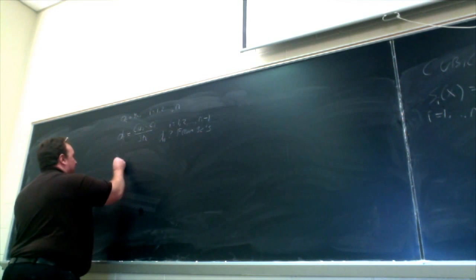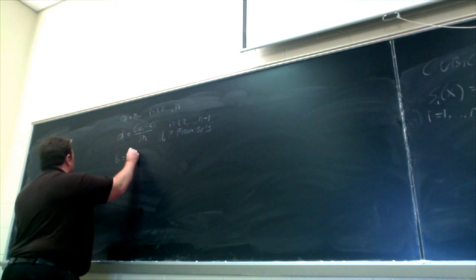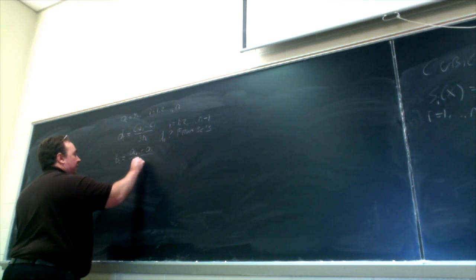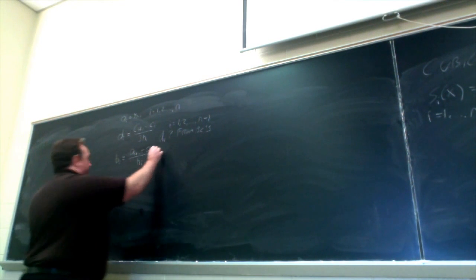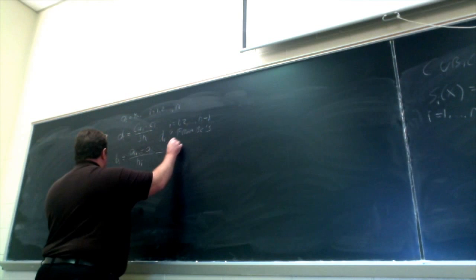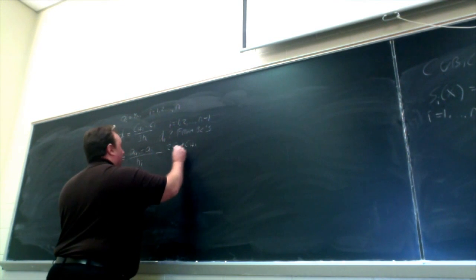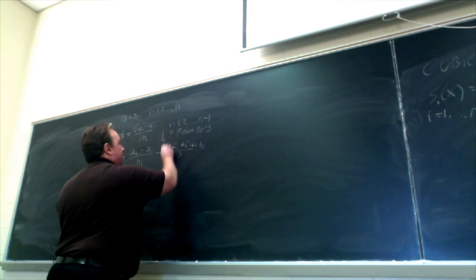So we have b_i equals, and I'm going to write this a little bit differently than last time. I'll write in terms of a's, just to be consistent with my notes. So b_i equals (a_{i+1} minus a_i) over h_i, because we know what the a's are anyway, minus (2c_i plus c_{i+1}) all over 3 times h_i.